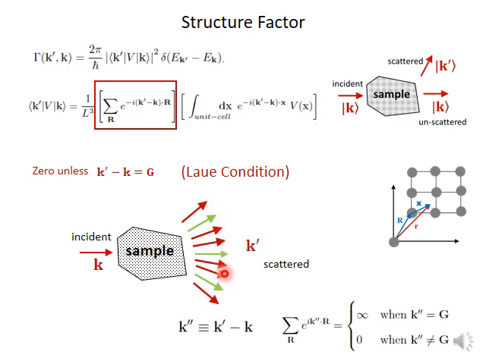So this factor would be non-zero only for these specific scattering directions, and would be 0 for all the rest of the scattering directions. That's what is meant by this first part of the matrix element.